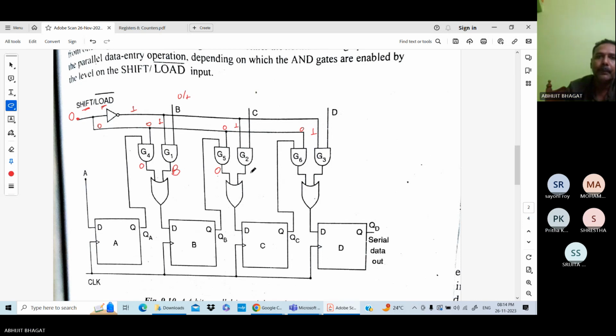Output of G2? C. Output of G2 is C. इसका एक पॉइंट जो है 1 से कनेक्टेड है और दूसरा इनपुट जो है C से कनेक्टेड है. तो your output is 1 into C, where C is either 0 or 1. So across the G2 you are getting your input data. Same for G6. One input is connected to 0. This is 0. For G3, it is connected to data and 1. Your output is data. Clear?